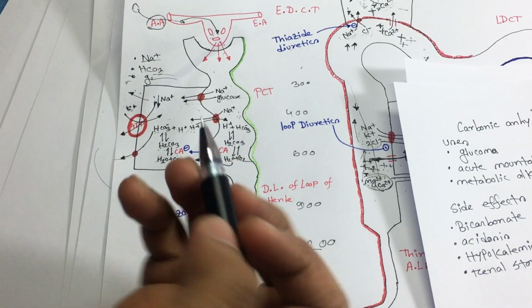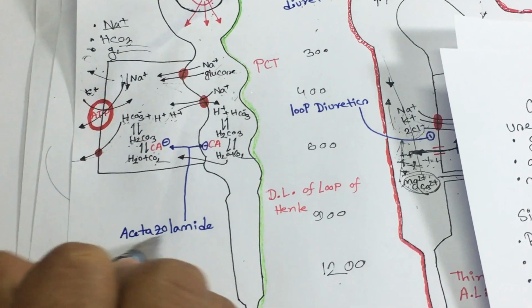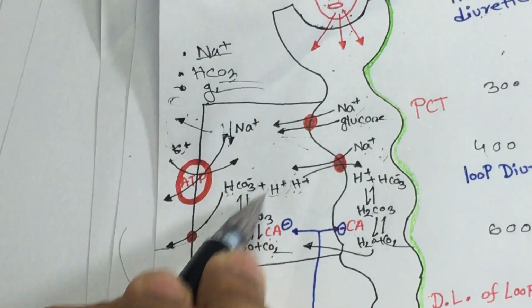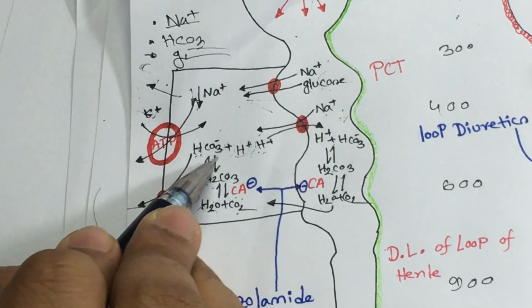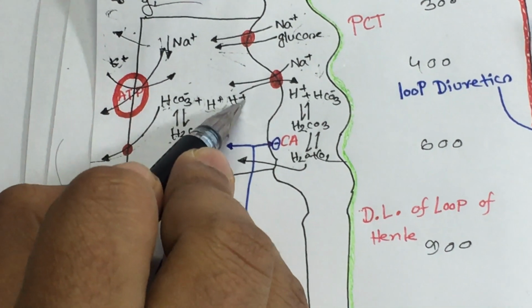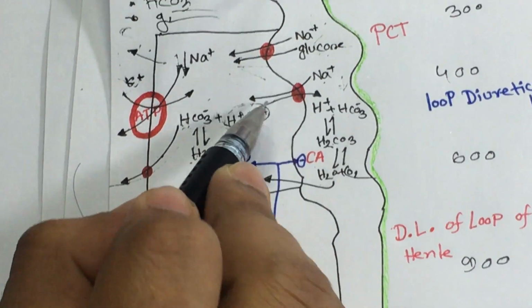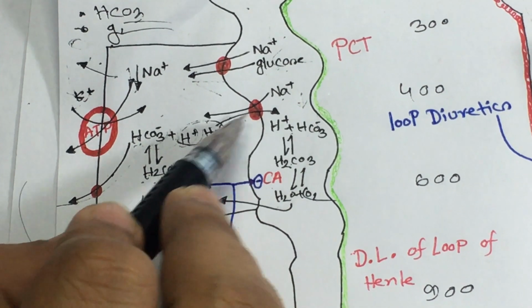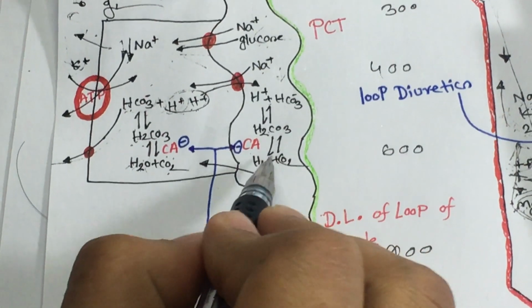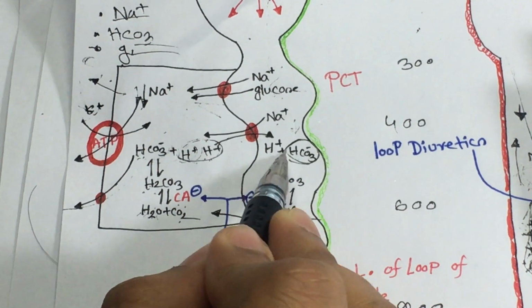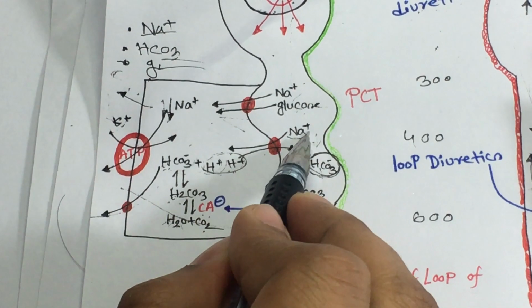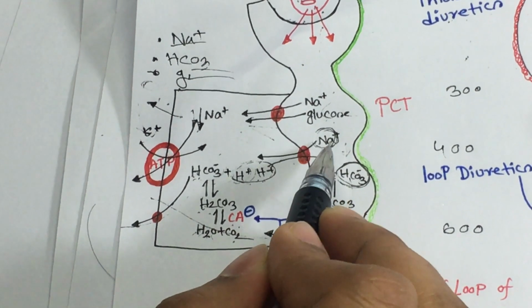So if we inhibit this carbonic anhydrase by acetazolamide or dorzolamide, we can't make this proton by running this reaction, so this antiporter will not work. So we can't reabsorb this bicarbonate into the blood, and at the same time we also can't reabsorb this sodium.